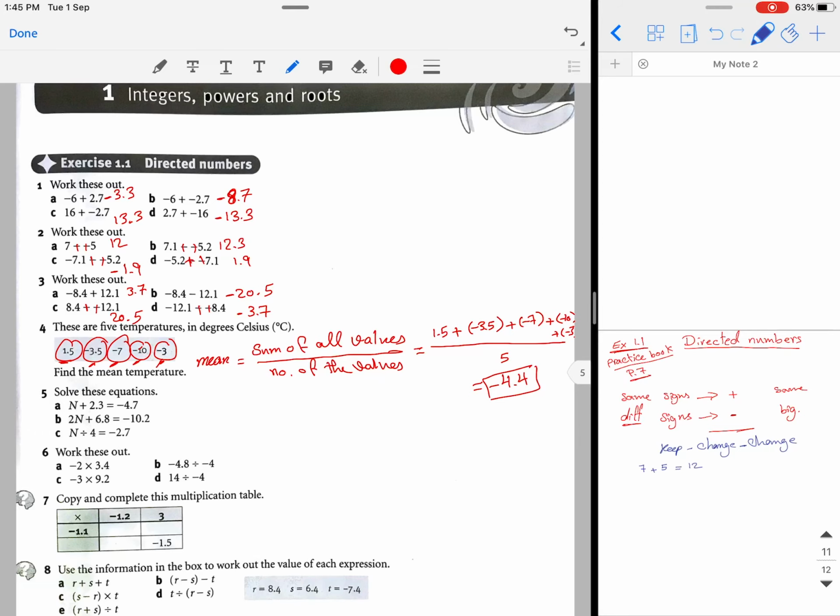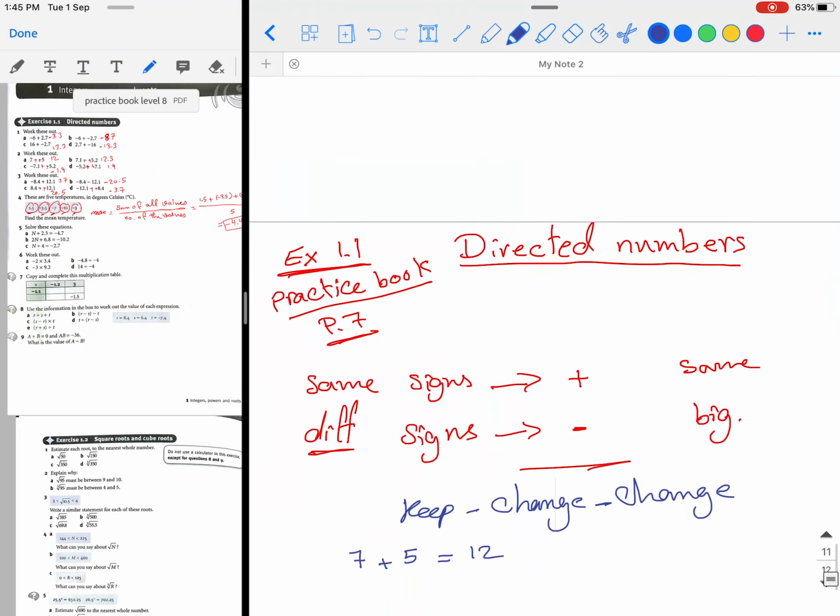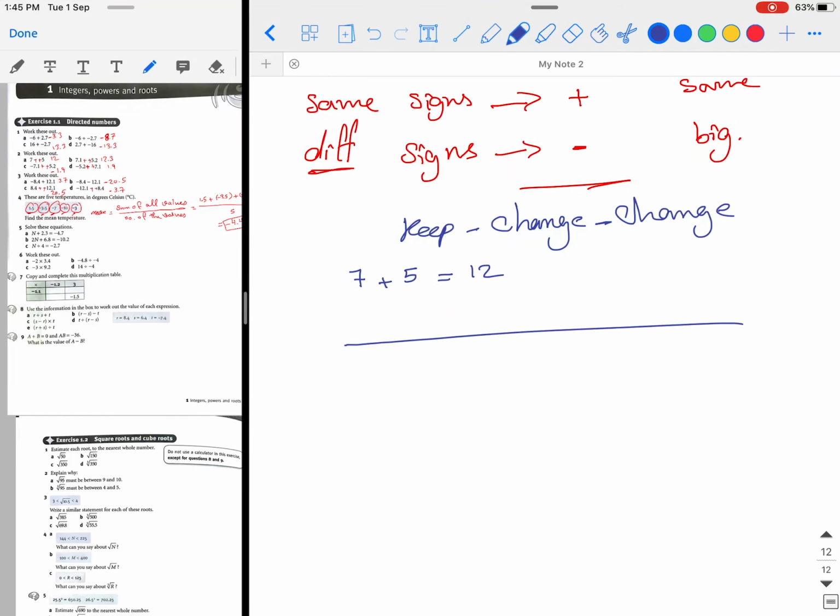Okay, for the next one, let's solve it here. We have 5a, n plus 2.3 equal negative 4.7. So actually here, what should I do? I have 2.3 and I need to get the value of n. So I need to cut this 2.3.